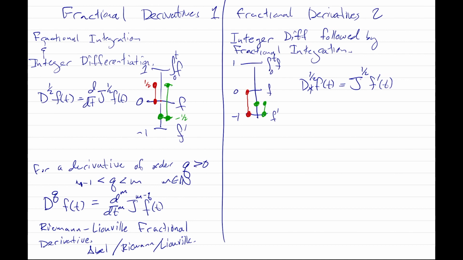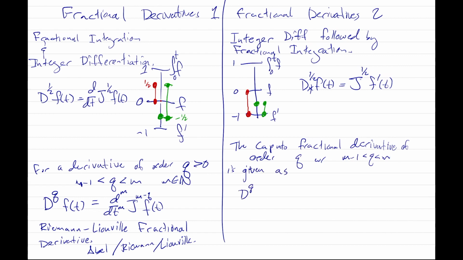So the Caputo fractional derivative of order q, with m minus 1 less than q less than m, is given as d star q of f of t equals j to the m minus q times d^m by dt^m of f of t.